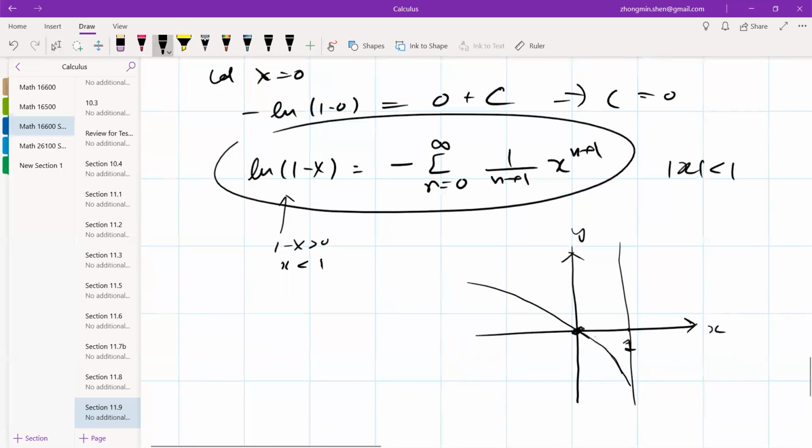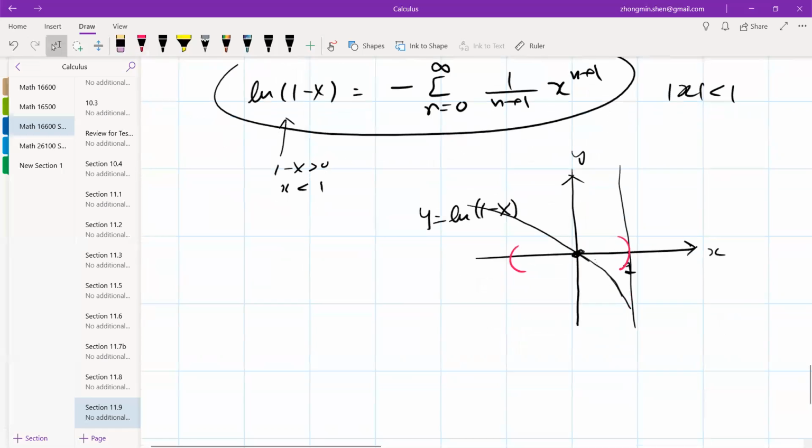I think that's the picture. This is y equals natural log of 1 minus x. What we did here is find the power series representation for the function around the origin. So we know this holds over that interval.